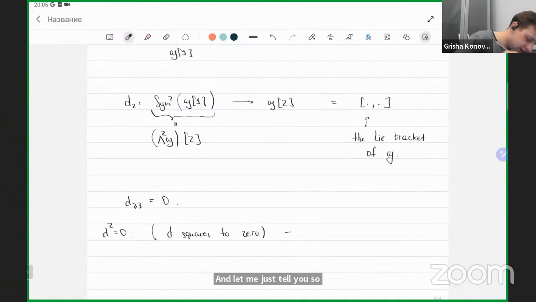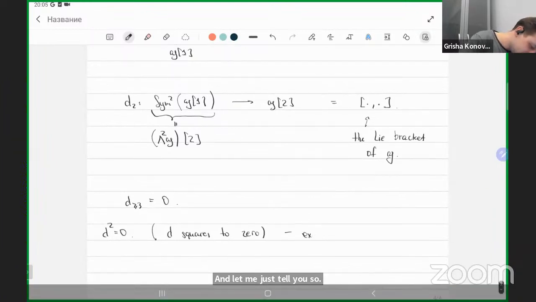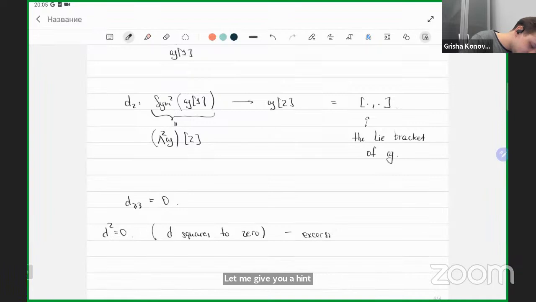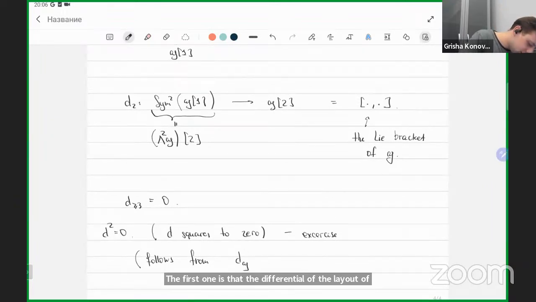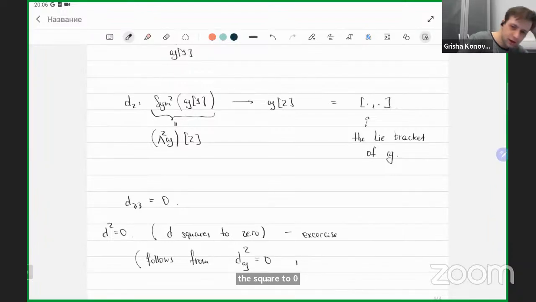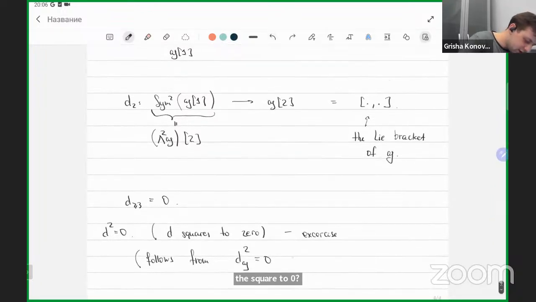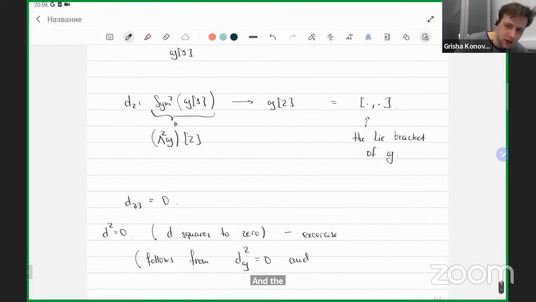Let me give you a hint, an idea, so to say. It follows from two things. The first one is that the differential of the Lie algebra squares to 0. And the second one is the Jacobi identity of the Lie bracket.